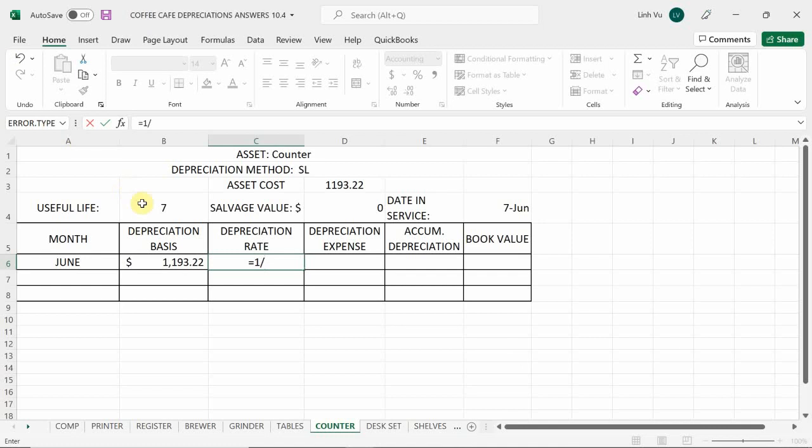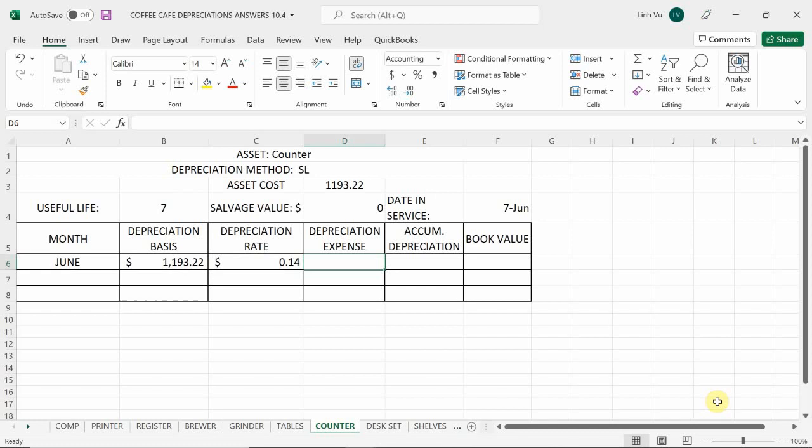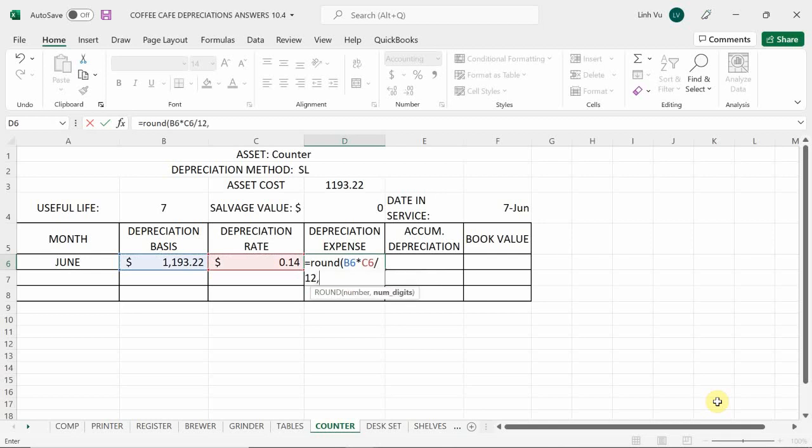The rate's going to be 1 over estimated useful life. And what is the depreciation expense going to be for the month? $14.21.